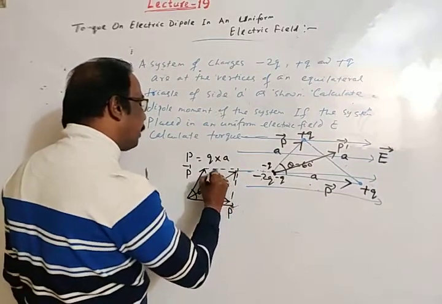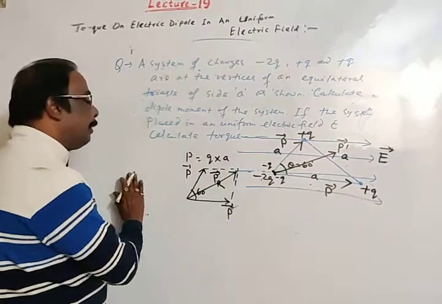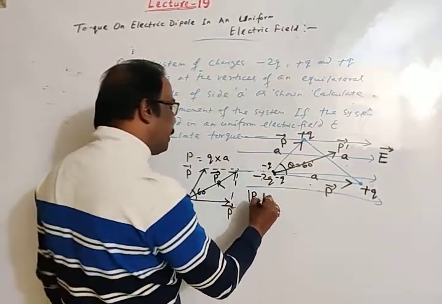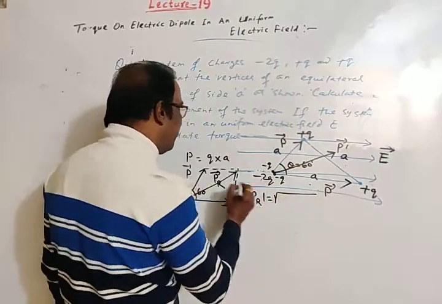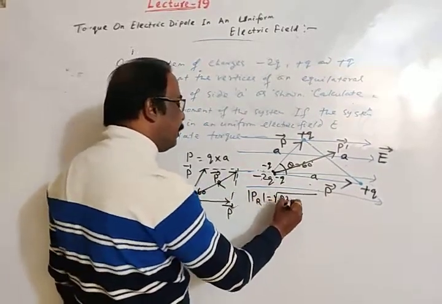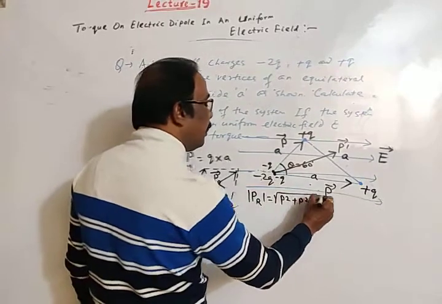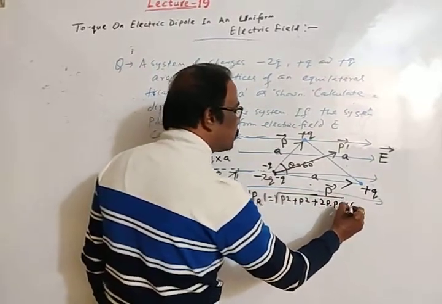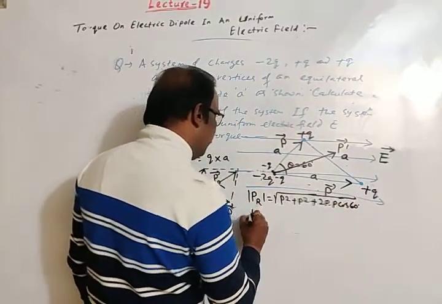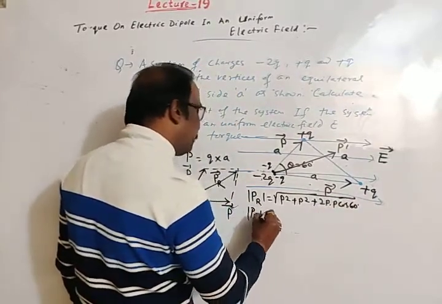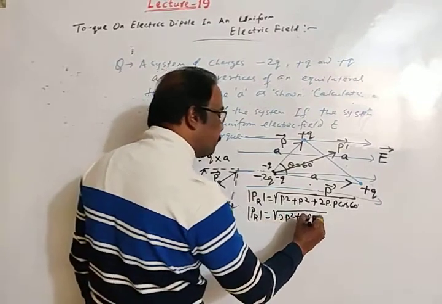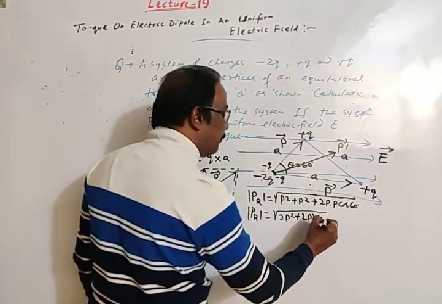If I write P R, resultant dipole moment, then as per law of vector addition, magnitude of resultant dipole moment is square root of P square plus P square plus 2P into cos 60. Then magnitude of resultant dipole moment is square root of 2P square plus 2P square cos 60.